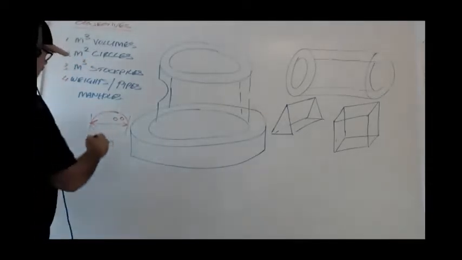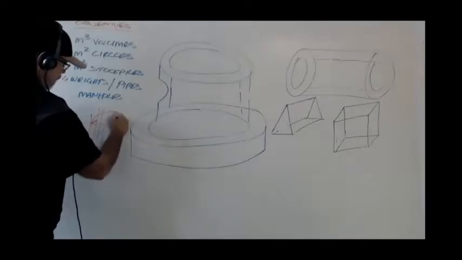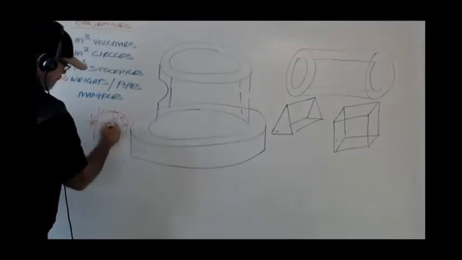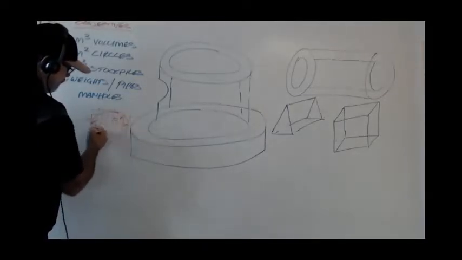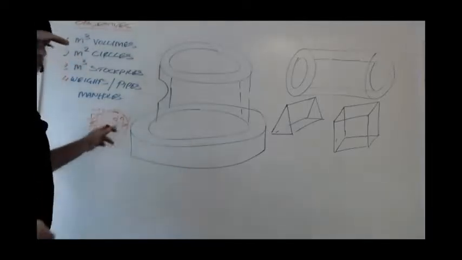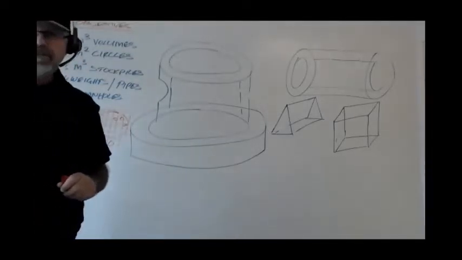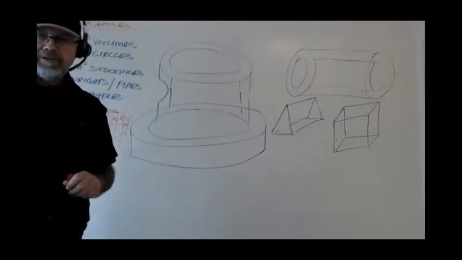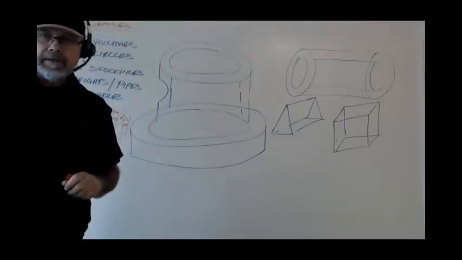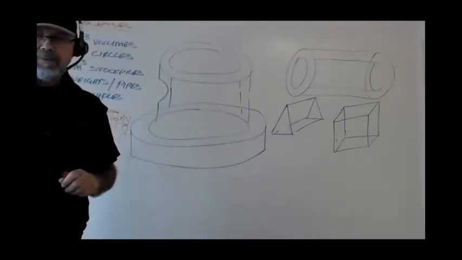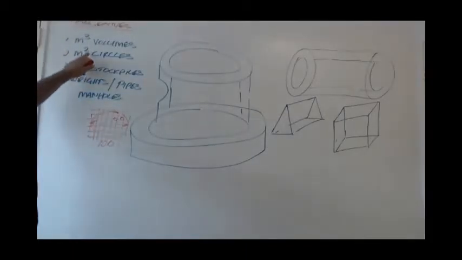What we have to do is put a grid across the top of that circle, and we have to measure it in squares. Okay, so that's how we have to measure it. So that's why we ask how many square meters for that surface area of that circle or of that object.